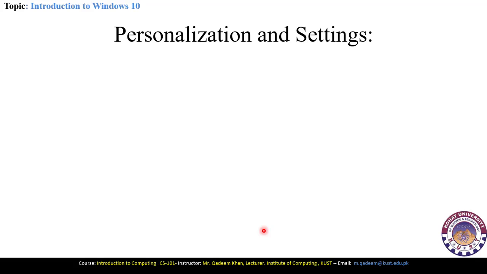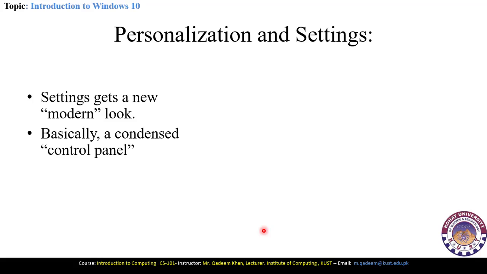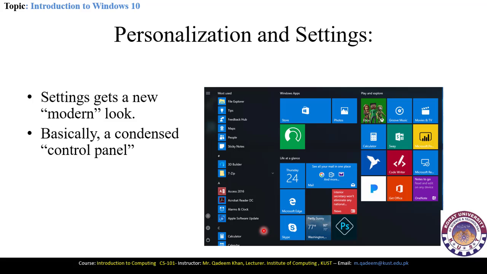Personalization and settings. Sometimes a user wants his or her own personalized settings of Windows. In Windows 10, you get personalization and settings here, and this is a new modern look. Basically, it's a condensed control panel.